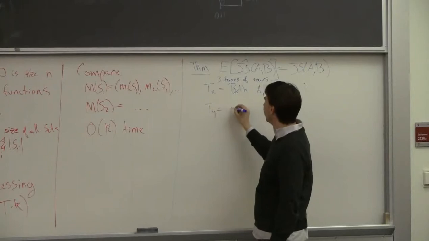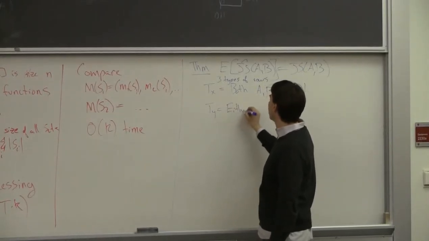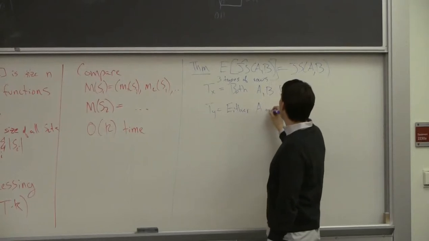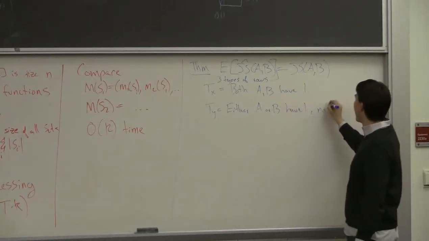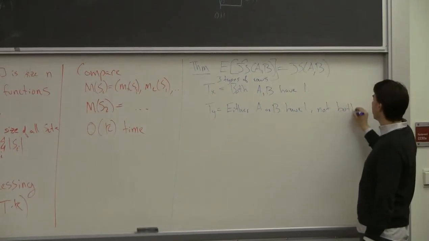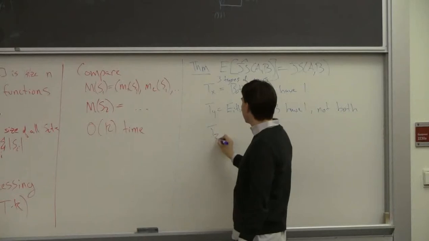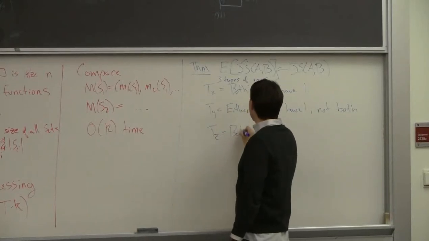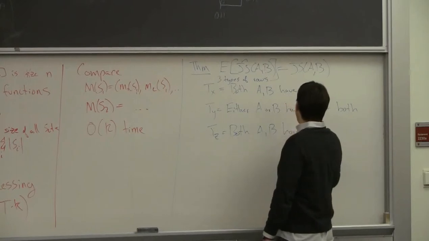Type Y: either A or B have a 1, but not both. And then type Z: both A and B have 0.